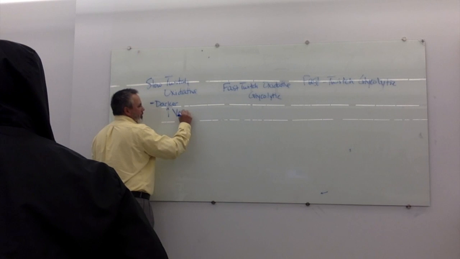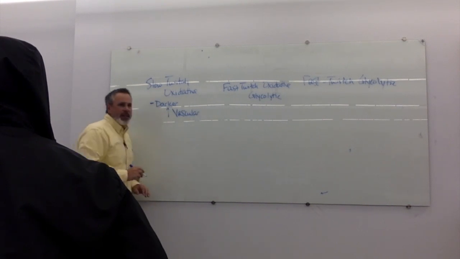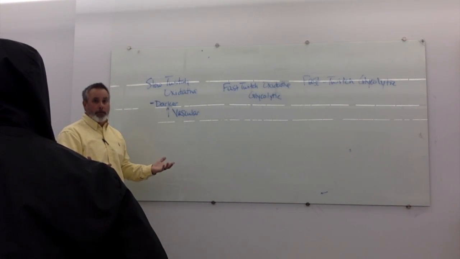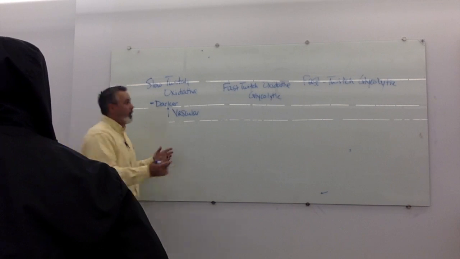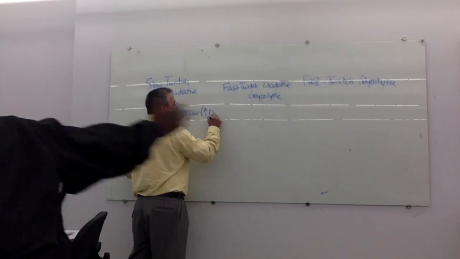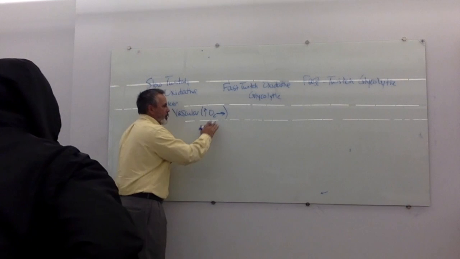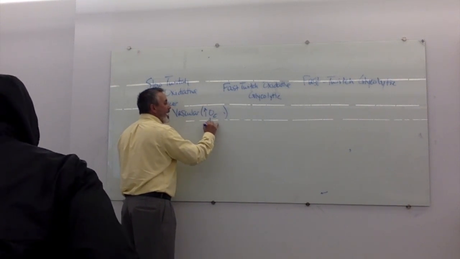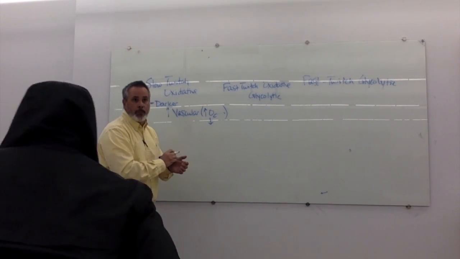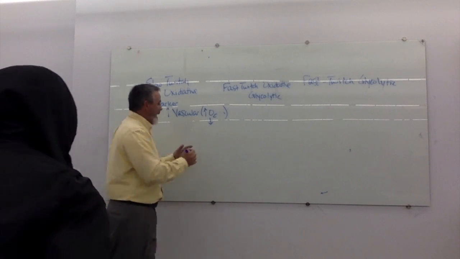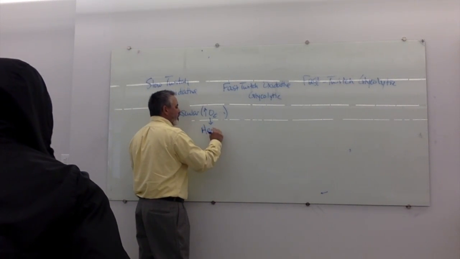Here's the reason it's darker. It's more vascular, meaning more blood vessels, which means more access to what? Oxygen. And more oxygen is used for what type of cellular respiration? Aerobic or anaerobic? Aerobic respiration.